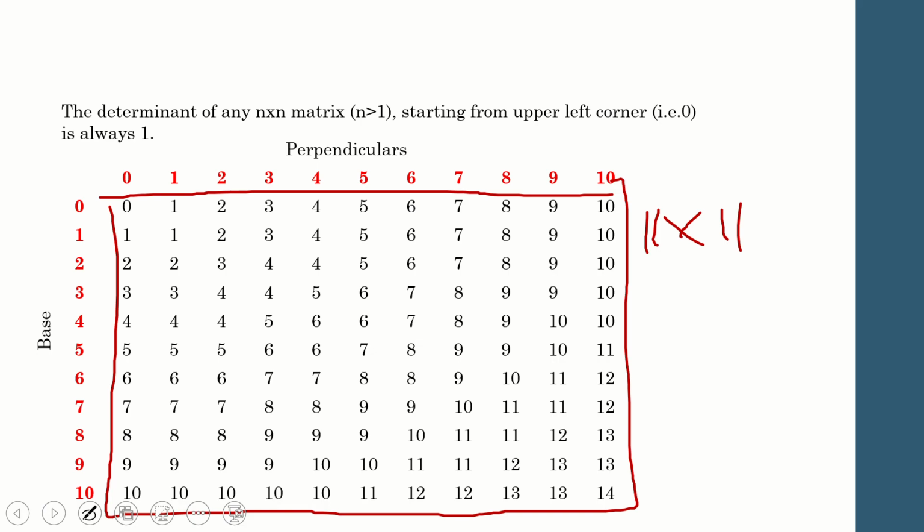Its determinant also, let us take it as a, will definitely come 1. So 11 and 12 students, please try this one and let me know whether you are getting the answers or not. Okay, so these are the options.